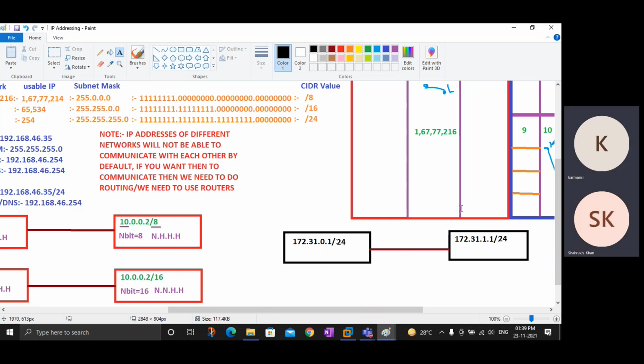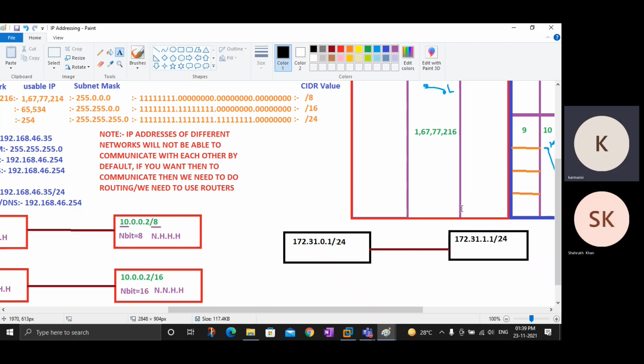Check again. How many network blocks are there this time, or how many network bits are there? Just check the last CIDR value.